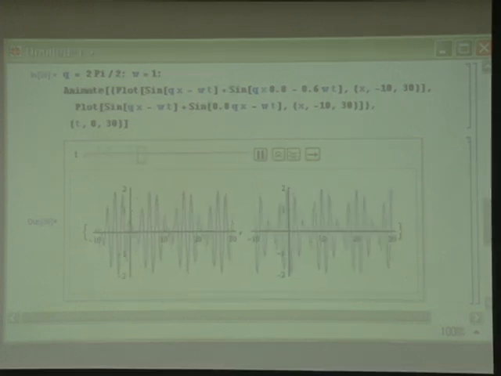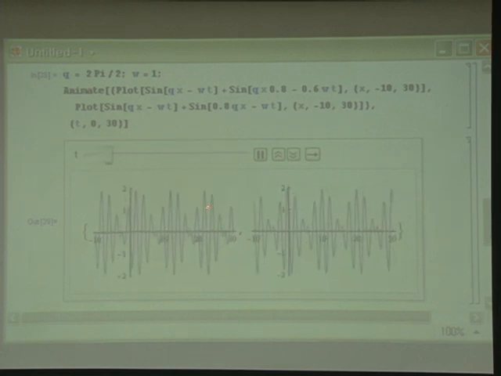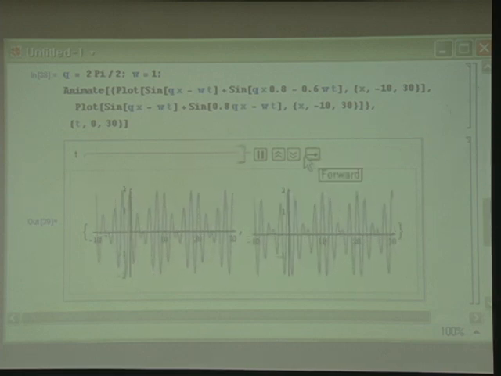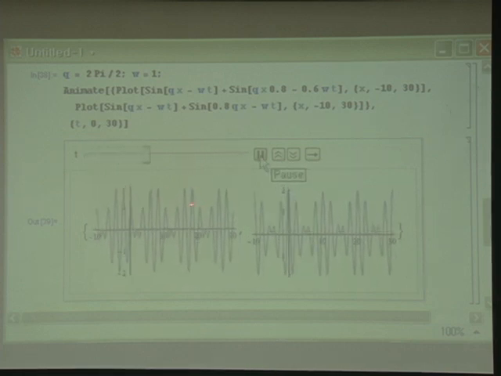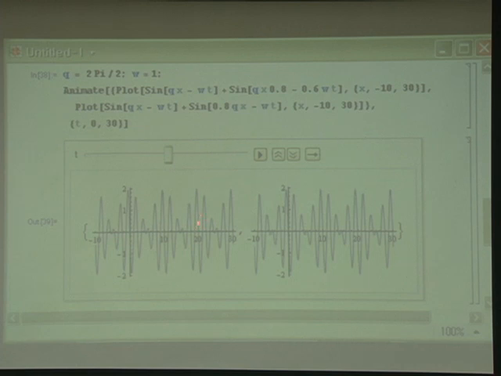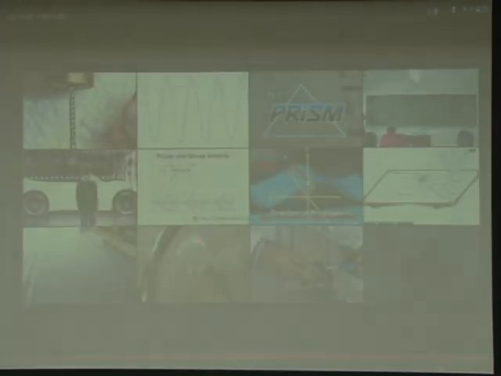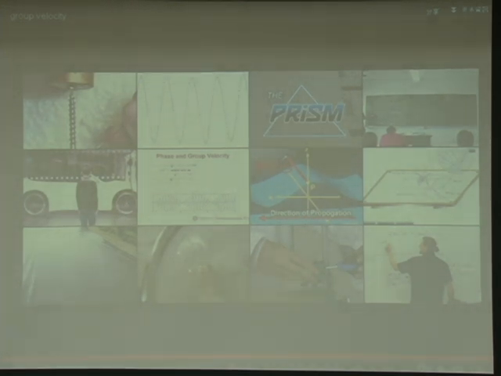If the envelope and the field pattern moved at the same speed, there would be no up and down motion. Because the envelope propagates at a different speed with respect to this oscillation, you see the oscillation change amplitude inside the envelope.